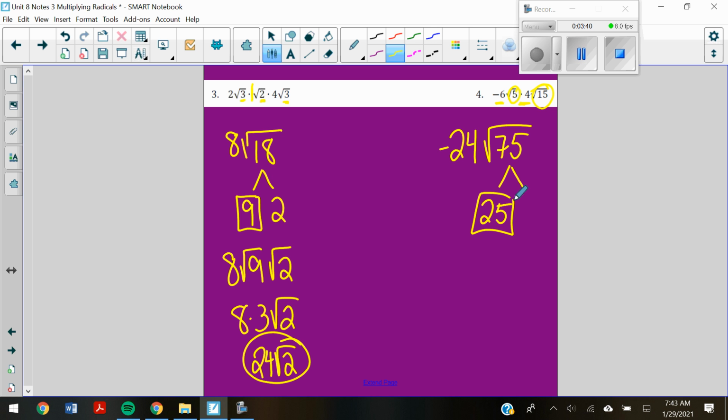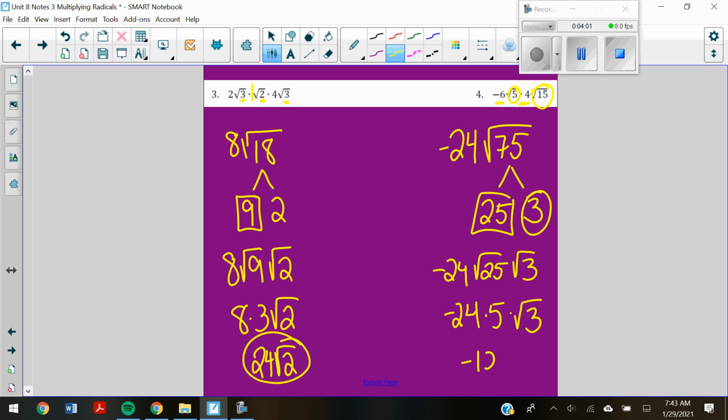So we get 25 and 3. So negative 24, square root of 25, square root of 3. That's a prime because it doesn't go further. And the square root of 25 is 5. All right, and now we're going to take our negative 24 times 5, and we get negative 120, square root of 3.